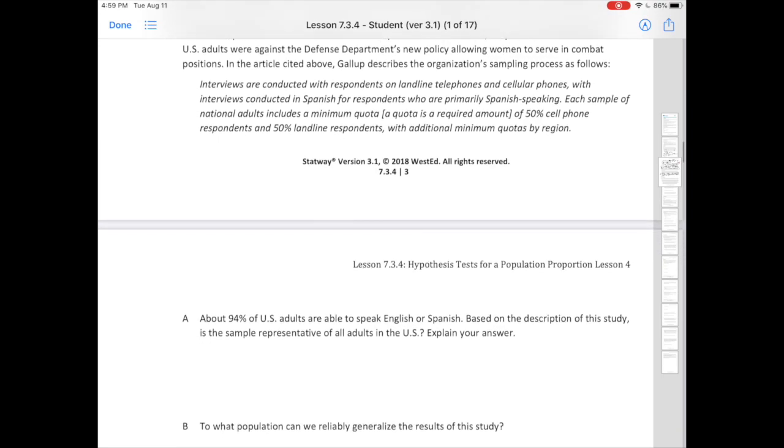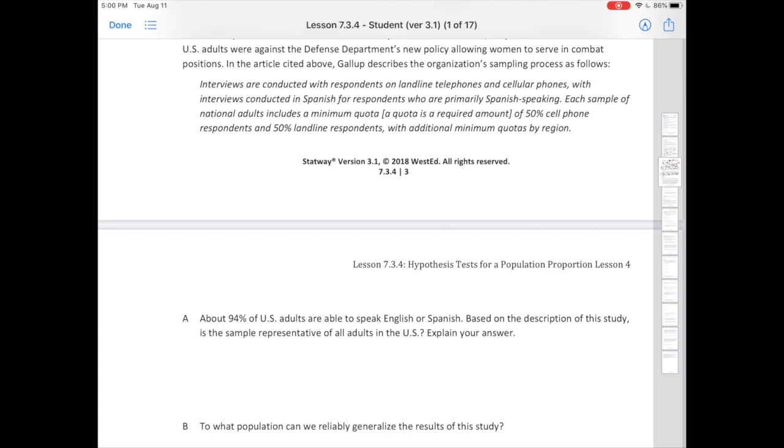Let's move on here. It says about 94% of U.S. adults are able to speak English or Spanish. Based on the description of the study, is the sample representative of all adults in the U.S.? Explain your answer. Well, 94% is close to all, but it's not all, is it?